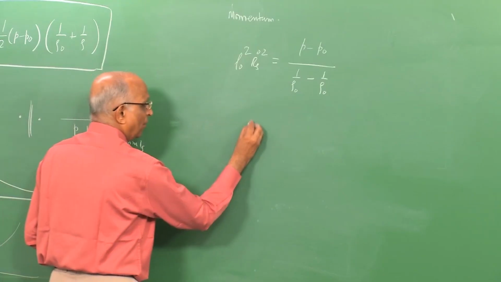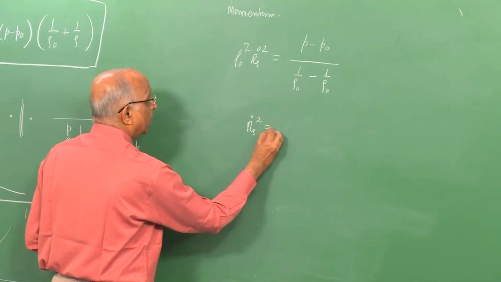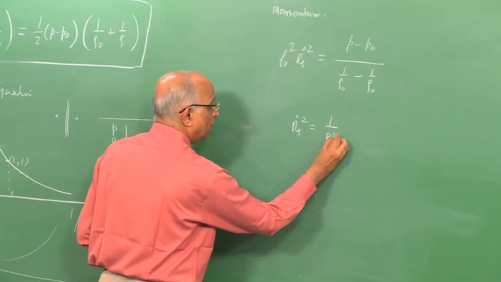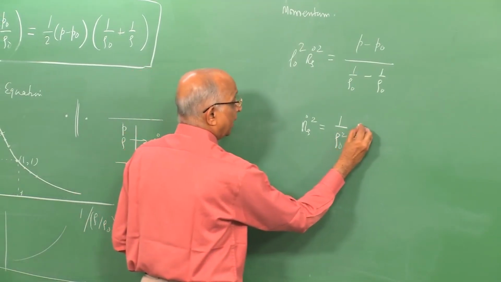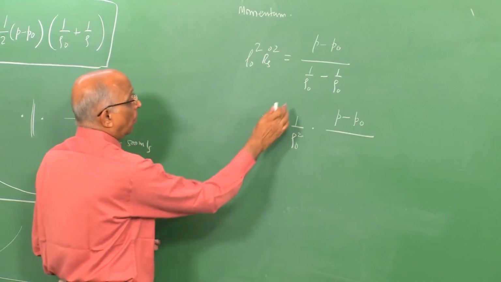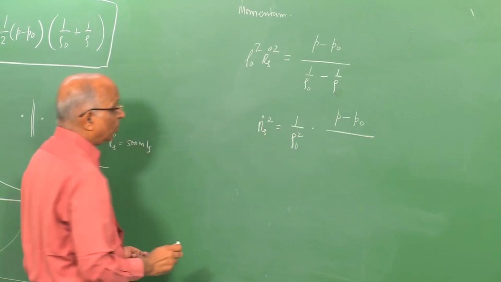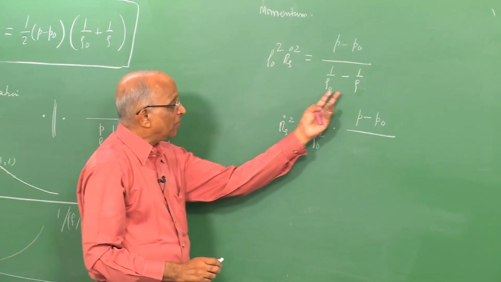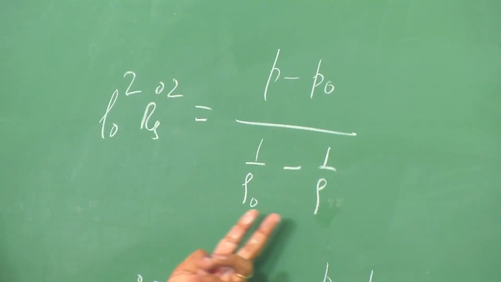Therefore, Rs dot square is equal to 1 over rho 0 square into P minus P 0 divided by 1 over rho 0 minus 1 over rho. I am sorry about this, it is the final minus initial, please check it again, this is the value we have: 1 over rho 0 minus 1 over rho.